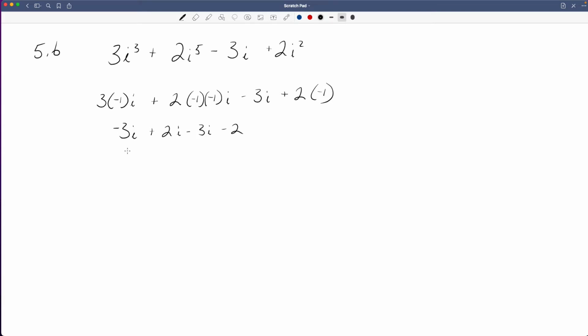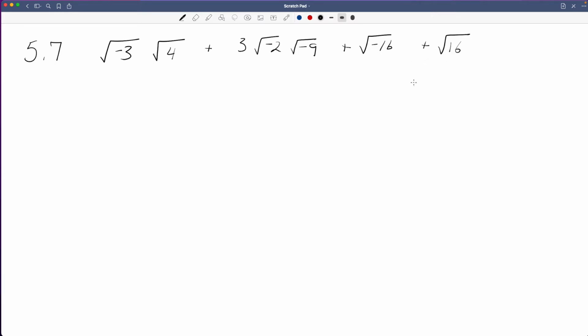So this should not be that. It should be 6 plus 2. That'd be -4i minus 2. We know the real number comes first, so it's -2 minus 4i. That is the right answer. All right, so sometimes you have to go back and check your work, just like Miss Tracy does.